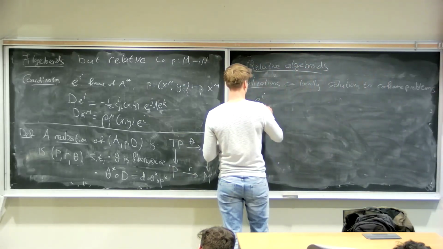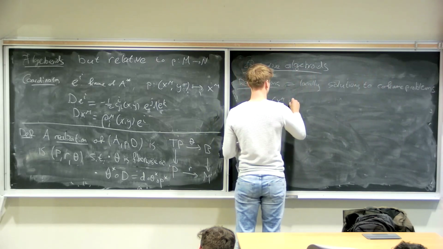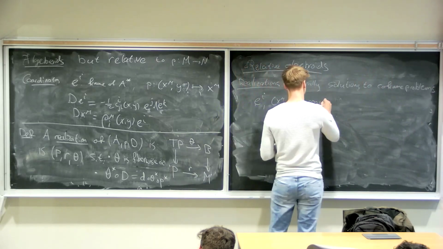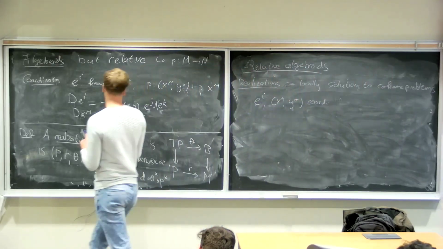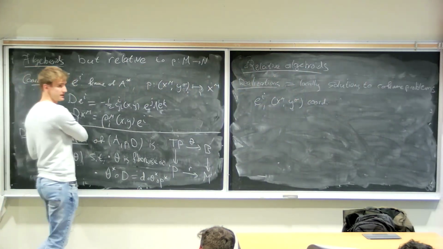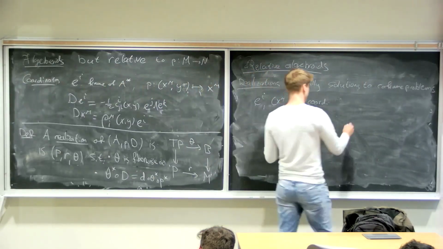Namely, if you take e_i, x^mu, y^sigma coordinates, then we still have our structure equations over here of the relative derivations.